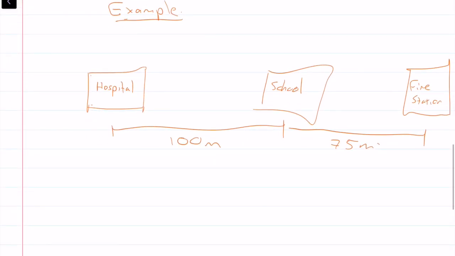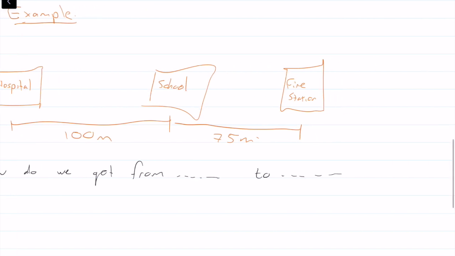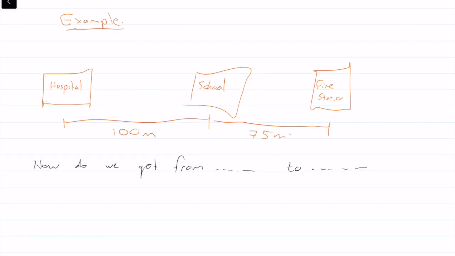So if we wanted to go from somewhere to somewhere else, we want to know the distance from, to, and then let's have a column for the distance.